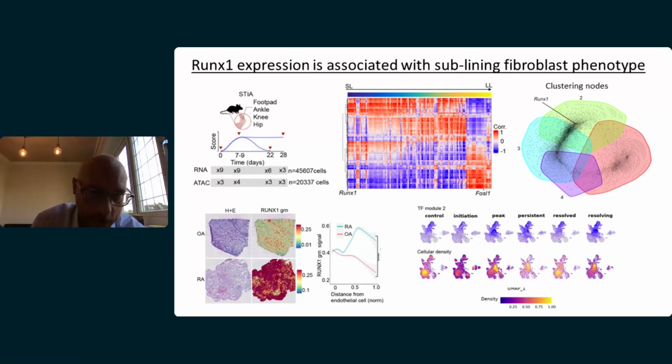And here you can see that Chris, a postdoc in the lab, has projected that onto the Visium platform, and we can see that in osteoarthritis you see very limited areas of the RUNX1 gene expression program, just around the blood vessels. But when you look at rheumatoid arthritis, where you've got chronic inflammation, you see a huge expansion.